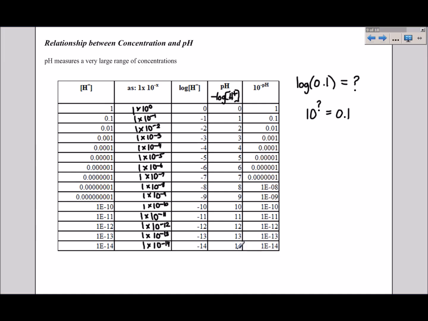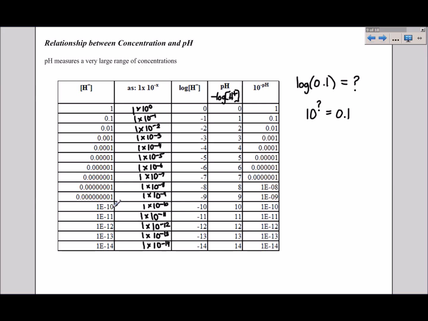Now the reason that we study this on a logarithmic pH scale is because we can study a really wide range of concentrations on a very simple 14-point scale. And it's much easier for communication, because if you think about communicating with the common public, talking to them about the concentration being 1 times 10 to the negative 10 molar in their local lake, that's not going to have any meaning to them.